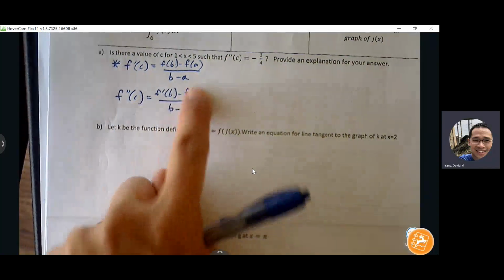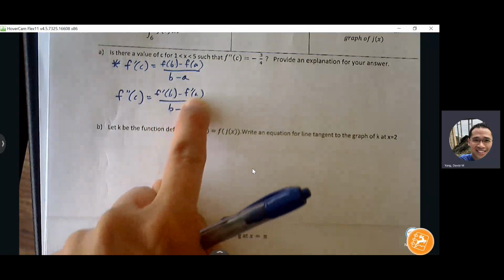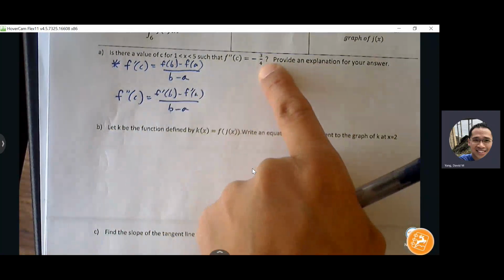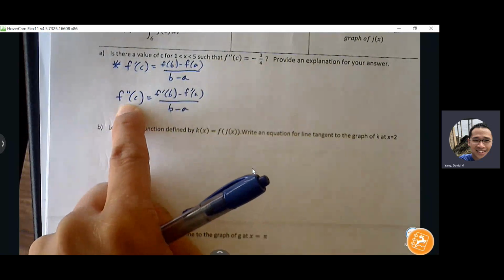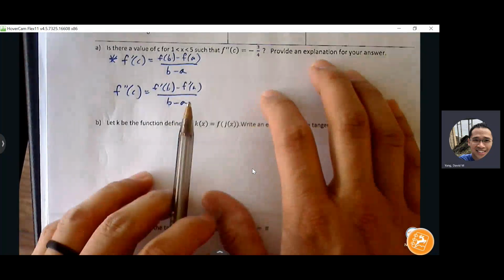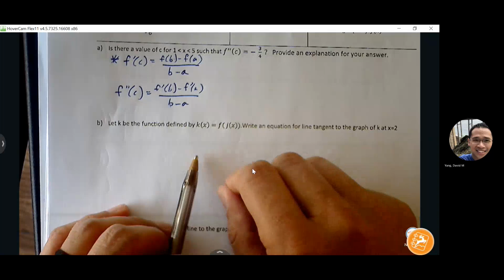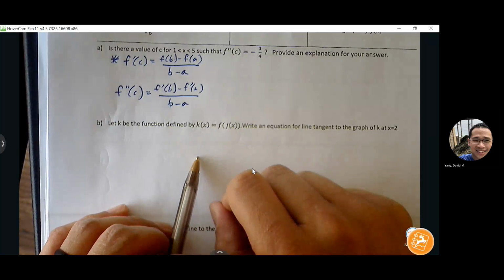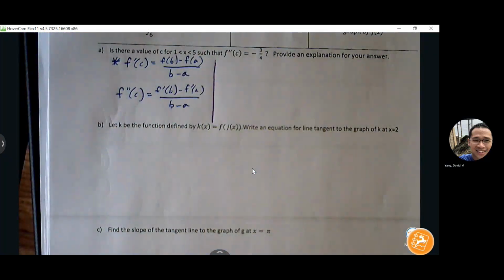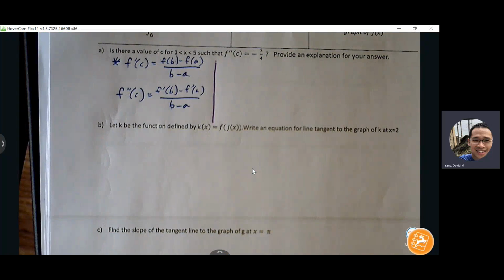So if I can show that f prime of b minus f prime of a over b minus a is equal to -3/4, then there must be a place where f double prime is equal to -3/4, somewhere along this curve. So what are our a and b values? What's the interval that we're concerned about here? From 1 to 5. Yep. So that's our a and b value. So we can just test that out.